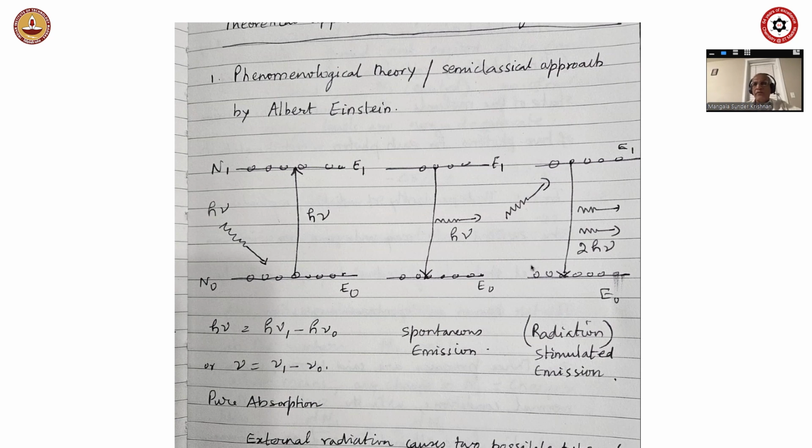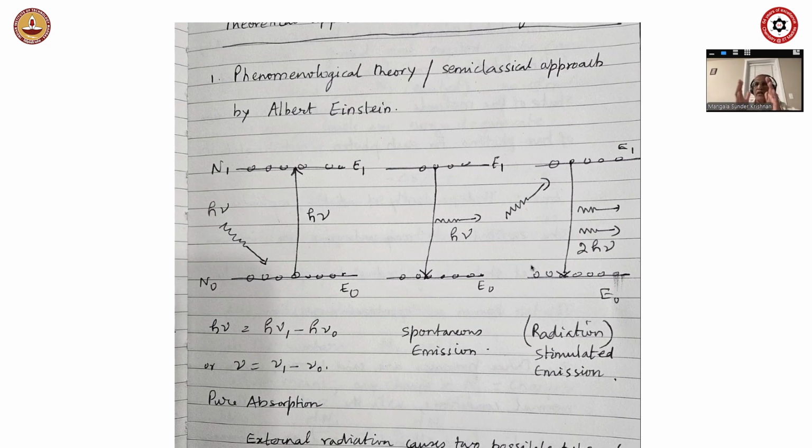So what Albert Einstein said was that these three processes follow simple physical laws with this kinetics. Okay? Molecules get excited, molecules get de-excited, then molecules get de-excited due to the radiation. So each one can be treated as a rate process.